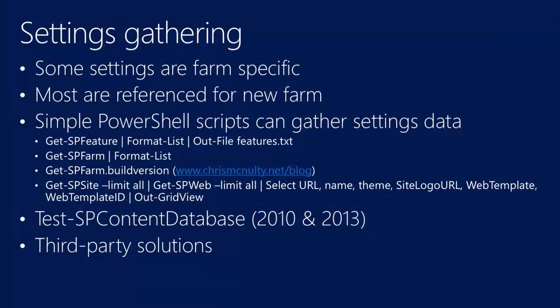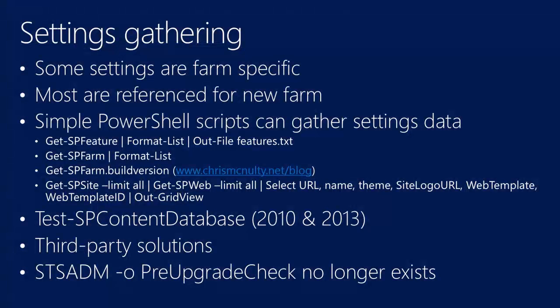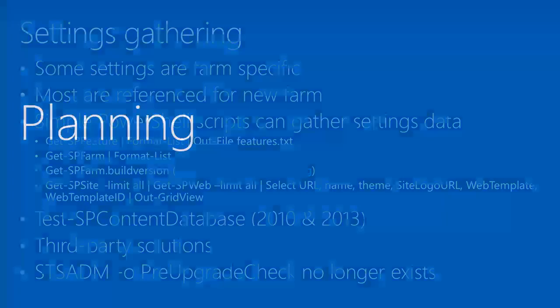One thing that is no longer out there, though, is the STSADM pre-upgrade check. If you were moving from 2007 to 2010, this is one of the steps along the way, and it's a really good way for a 2007 environment to also give you a manifest of everything that's out there. If you're starting with 2007, this is still available to you, but in 2010, that doesn't exist and is not going to be supported moving forward.